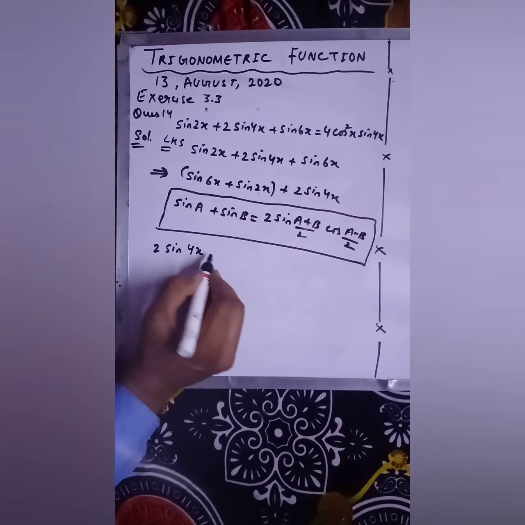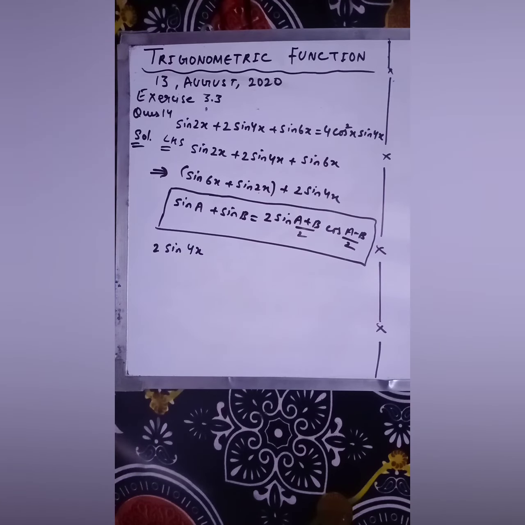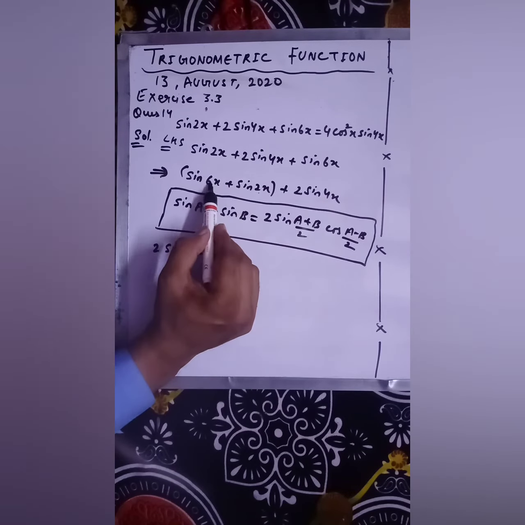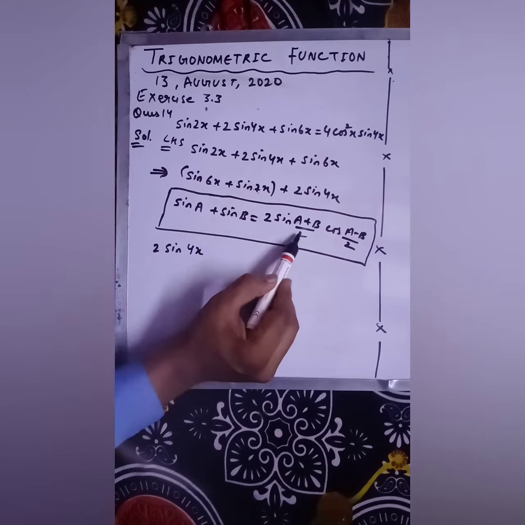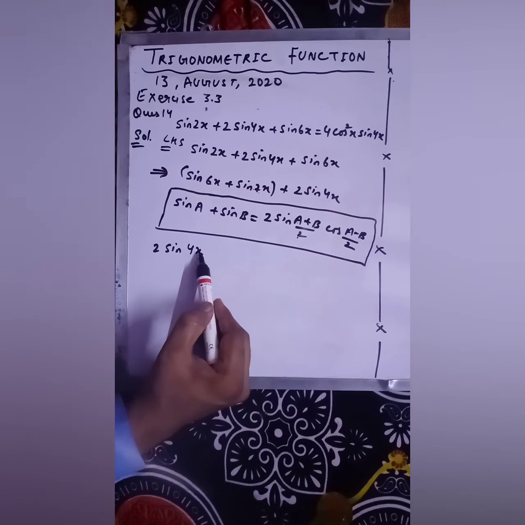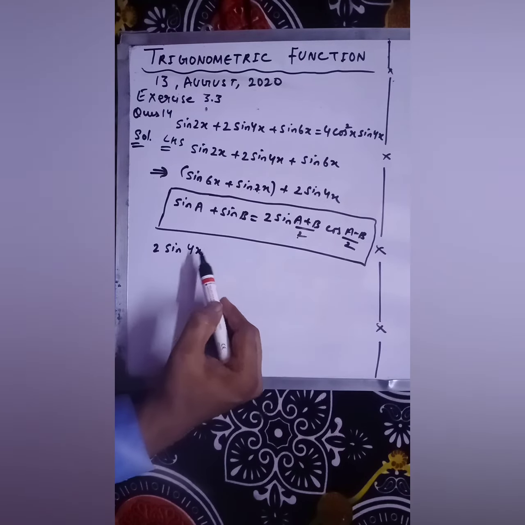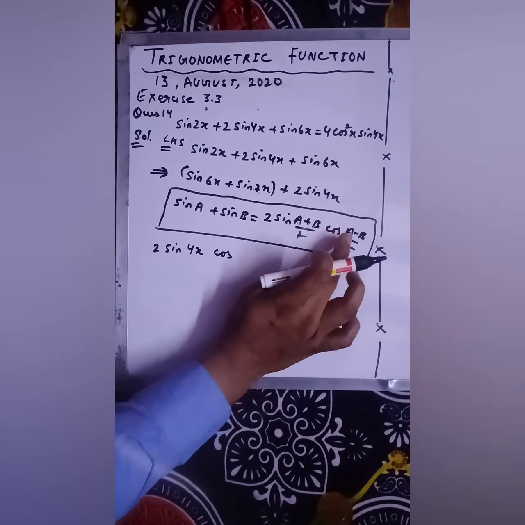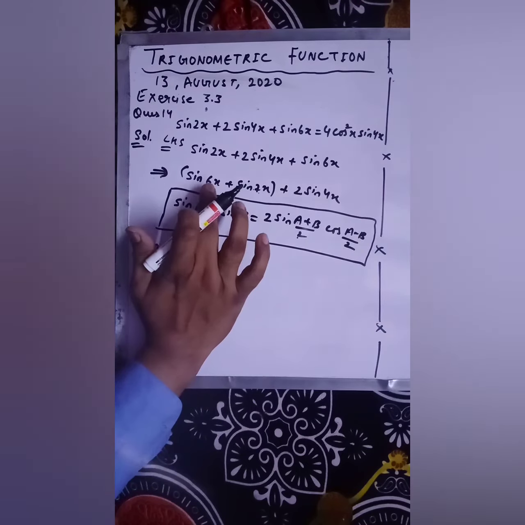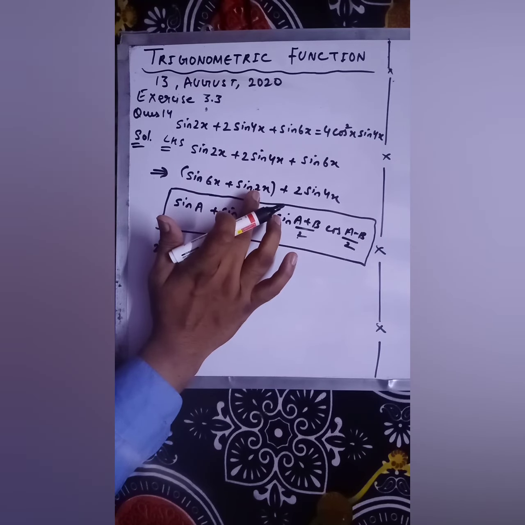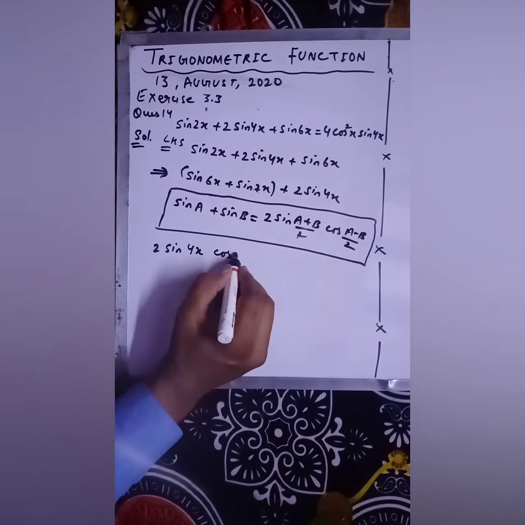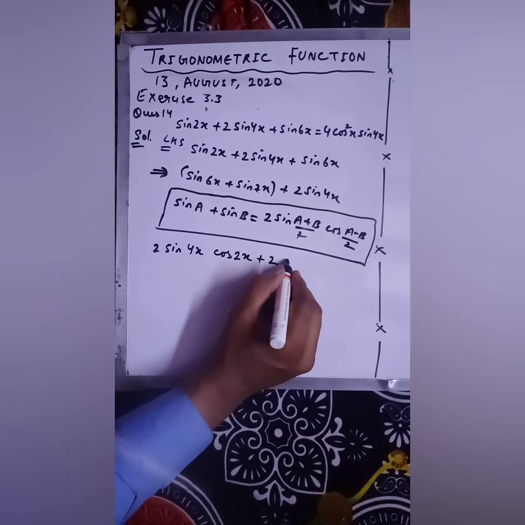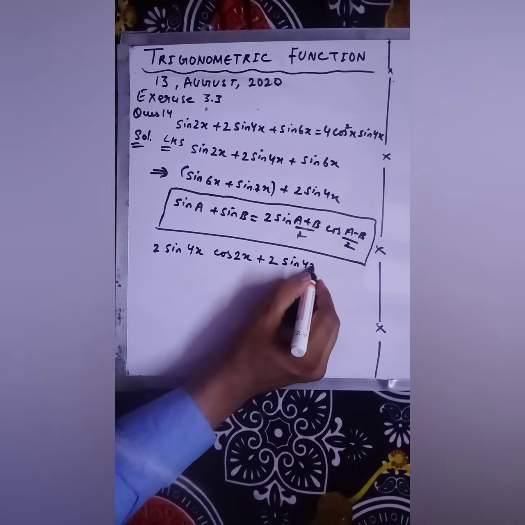Then cos (A minus B) by 2, A minus B means 6x minus 2x, that would be 4x, 4x upon 2, that would be 2x, plus 2 sine 4x.